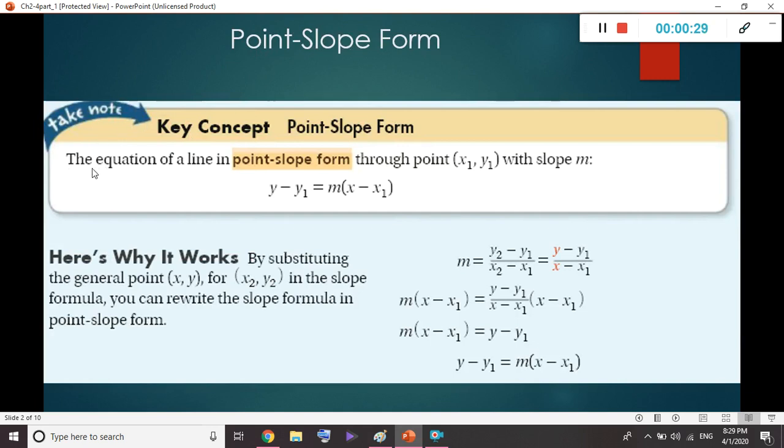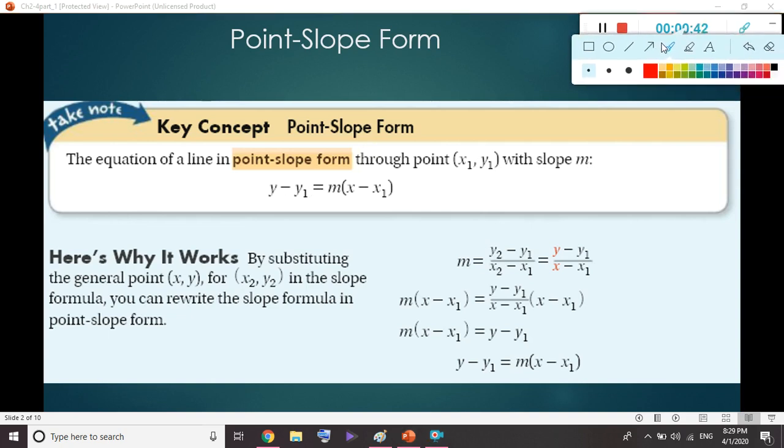The equation of a line in point-slope form through a point with a slope m is this form: y minus y1 equals m, between brackets, multiplied by x minus x1. So again, let's remember the slope-intercept form was y equals mx plus b, right?